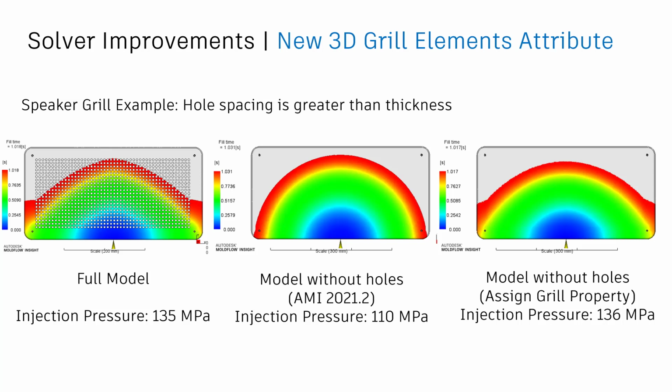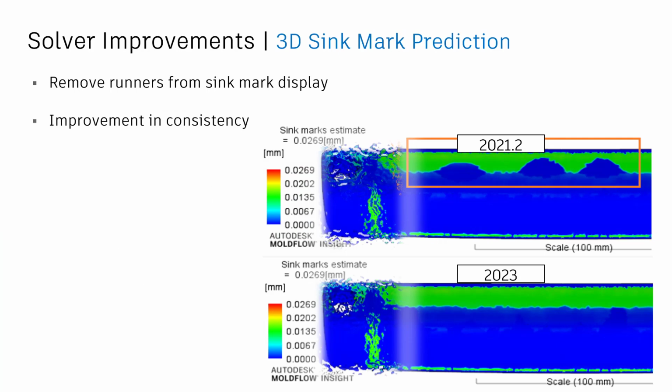Well, the new 3D grill element attribute is a shape factor very similar to that, because it was asked for by many users: like the mid-plane, we have a simplified way of representing the model, why can't we get it for 3D? We tried to put the same approach for the 3D elements as well.